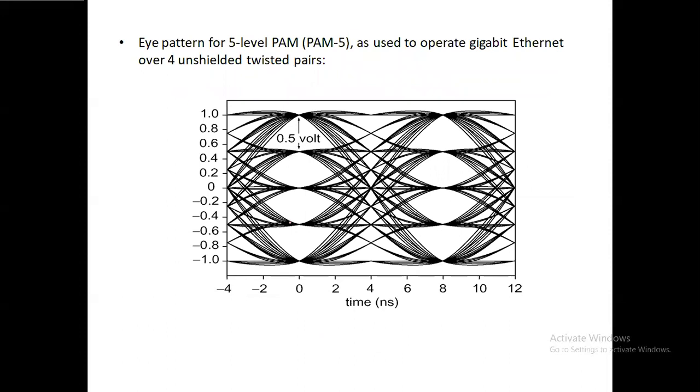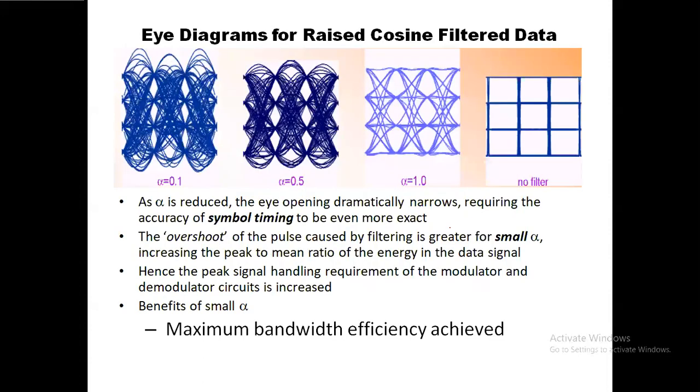So this is an eye pattern of PAM5, and you can see that 5-level PAM has a pattern like this. What if we change the value of the roll-off factor? At the minimum value of roll-off factor 0.1, we have the maximum intersymbol interference.